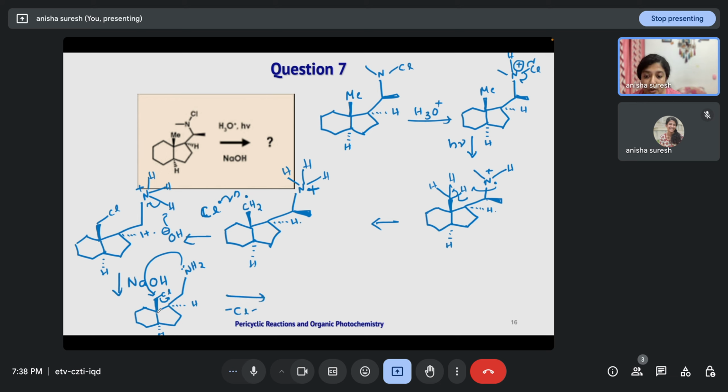So 1, 2, 3, 4, 5, 5-membered ring will be forming.